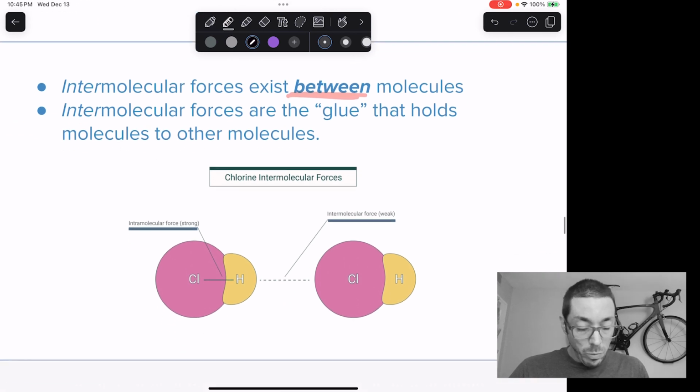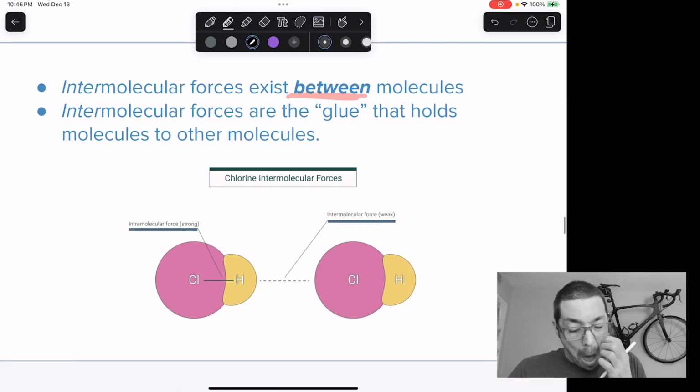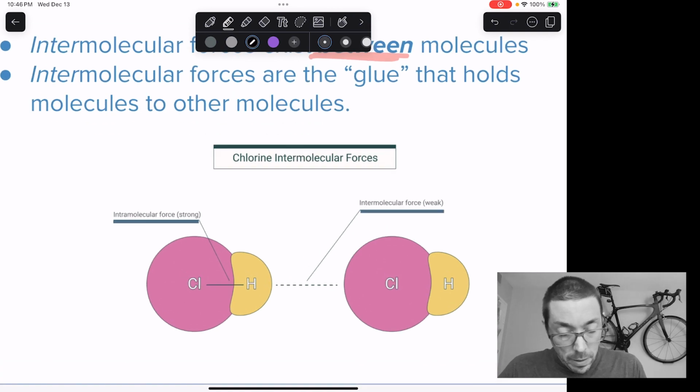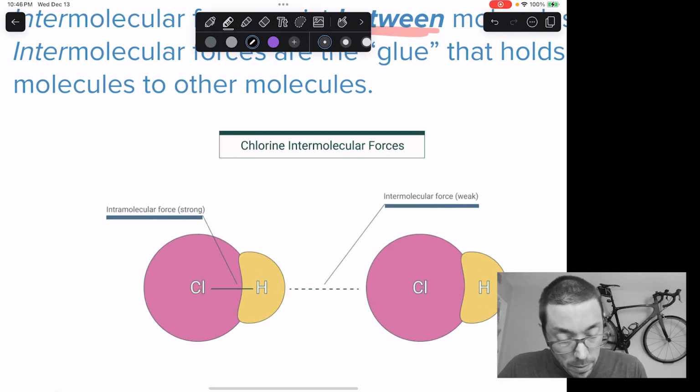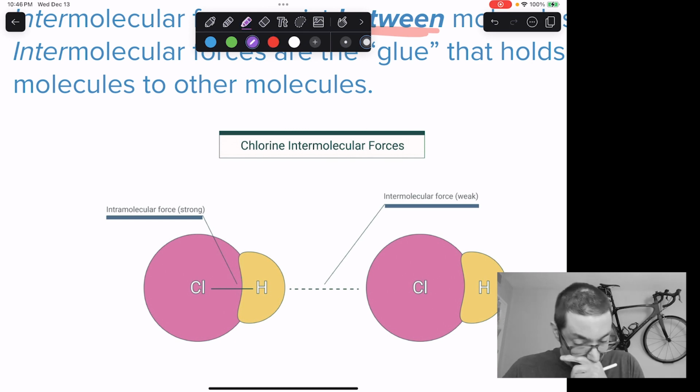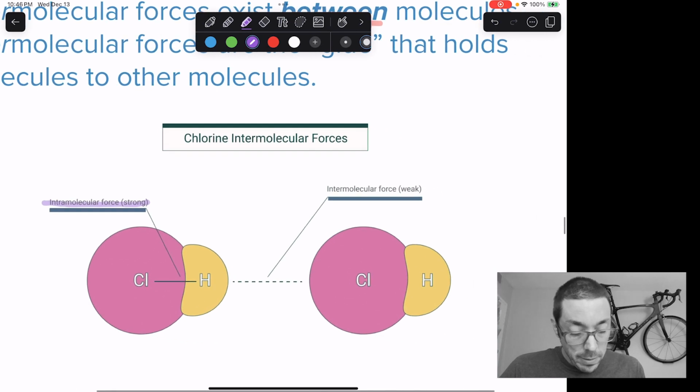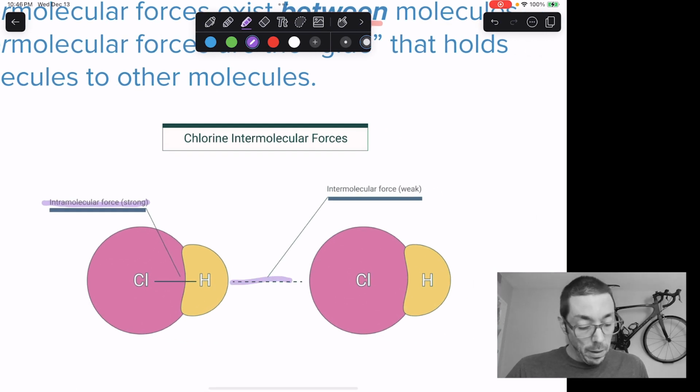So it's not the actual bond between hydrogen and chlorine. That's your intramolecular force, the bond. But in between separate molecules of HCl, you have intermolecular force.